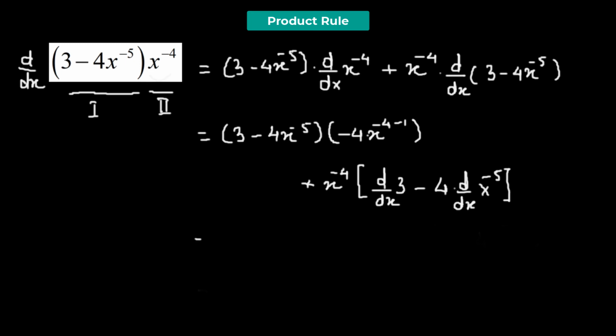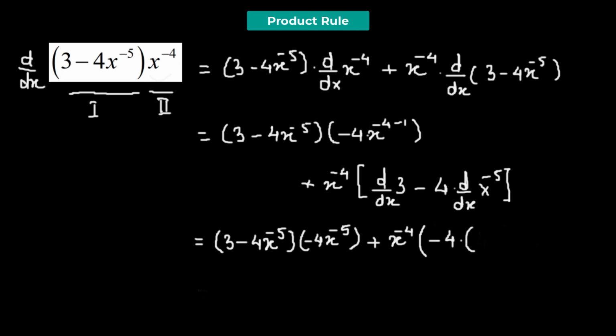So this gives us 3 minus 4 times x raised to the power of negative 5 times negative 4x raised to the power of negative 5, plus x raised to the power of negative 4 times, so we have the derivative of the constant function 3, which is going to be 0. So we have negative 4 times the derivative of x raised to the power of negative 5, which is negative 5 times x raised to the power of negative 6.